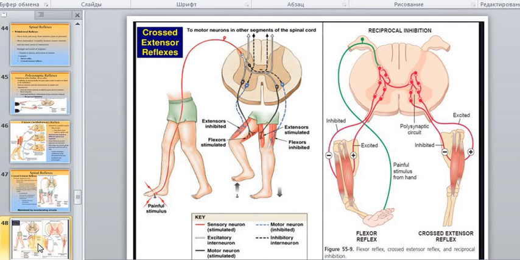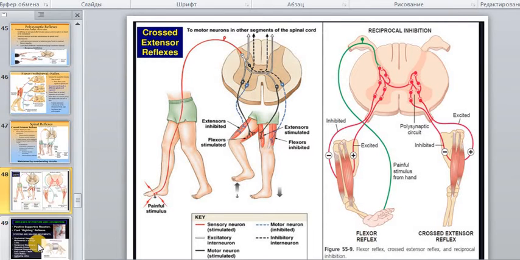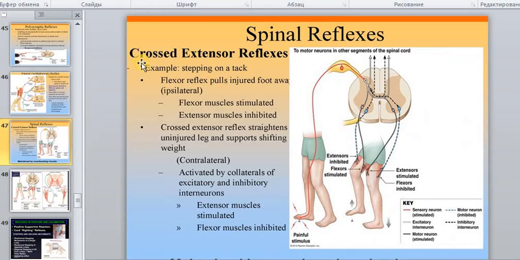It's a very complex reflex, and here we see the example of stepping on a tack. The flexor reflex pulls the injured foot away, for example this leg, and the crossed extensor reflex strengthens the other leg and supports shifting weight to move weight onto another leg.